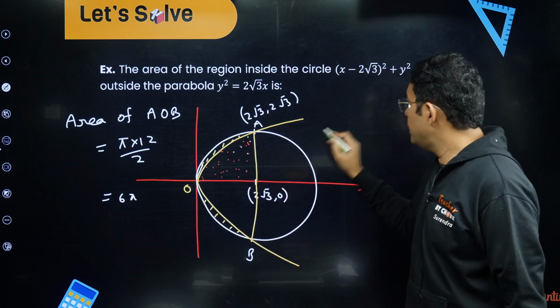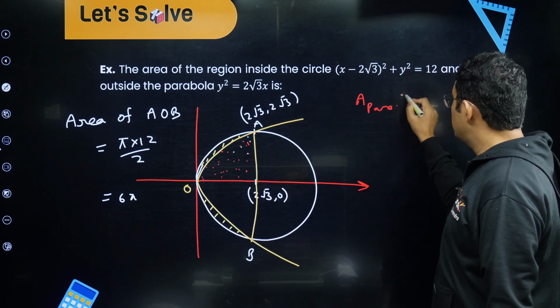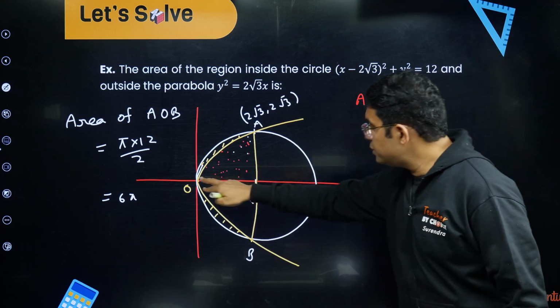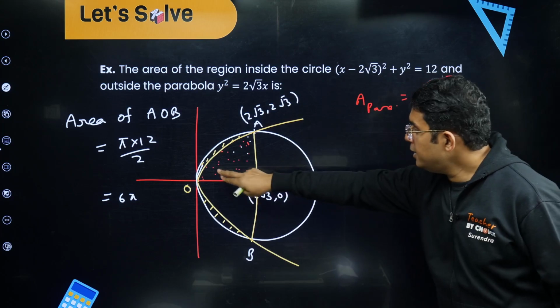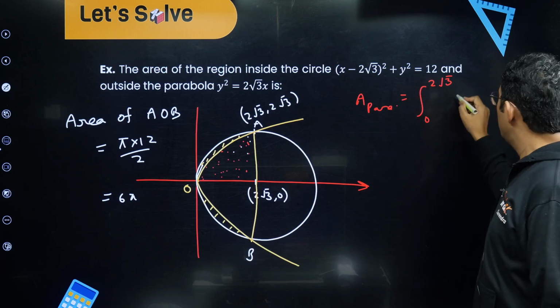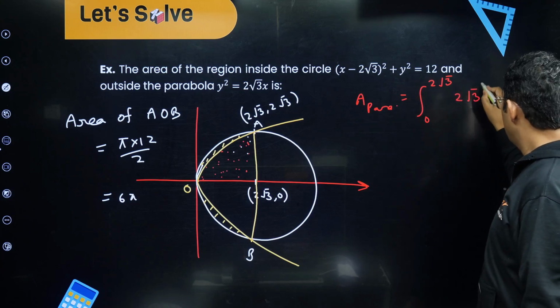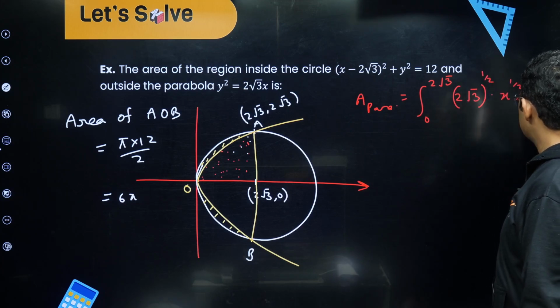For this area under the parabola, it will be found by integration from 0 to 2√3, where you put y equal to (2√3)^(1/2) times x^(1/2) dx.